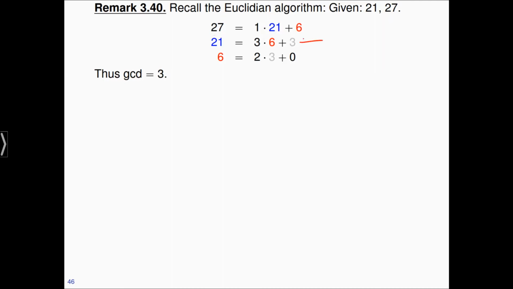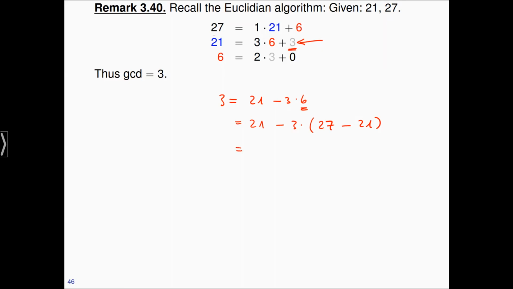You can use the last equation where this remainder appeared and solve it backwards to get a linear combination of the two initial numbers. So in this case, 3 is equal to 21 minus 3 times 6. I replaced the 6 that I got here. So this is 21 minus 3 times 27 minus 21.